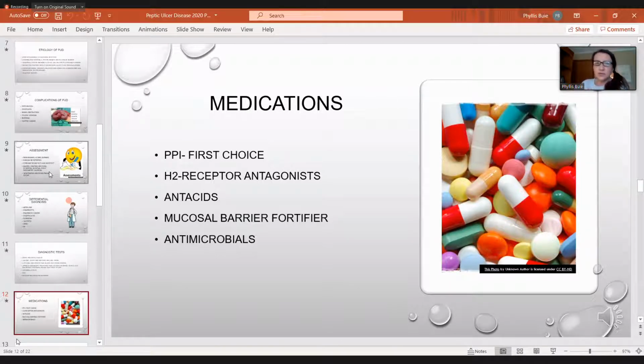One thing that I do want to remind you about with the antacids is if you have a patient that has congestive heart failure, you want to try to stay away from the Mylantas and the Maaloxes and all of that because they have a lot of sodium in them.